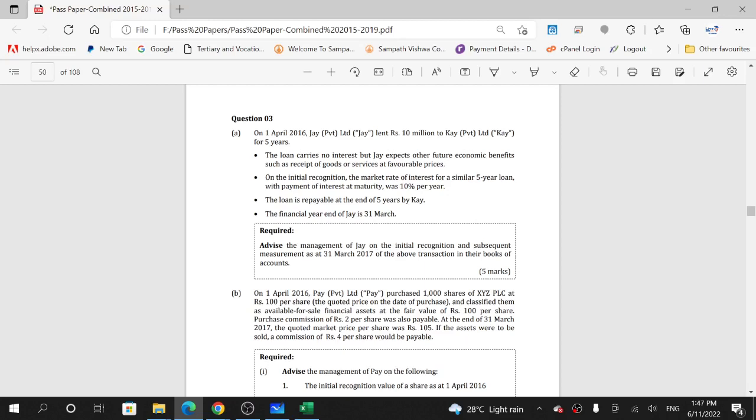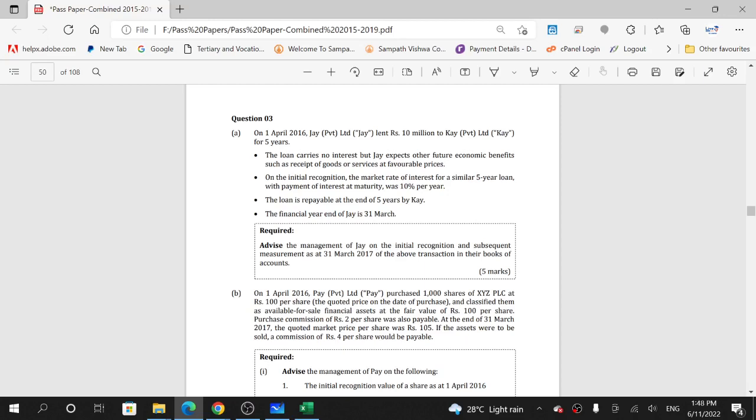Normally when you are taking a loan, you need to pay interest for the period you retain that loan. In this case, J has given this loan to K without getting any interest, which means you can't take the loan proceeds as the fair value. Normally, to be fair value, there should be interest. But this is an interest-free loan. Now what can you do?